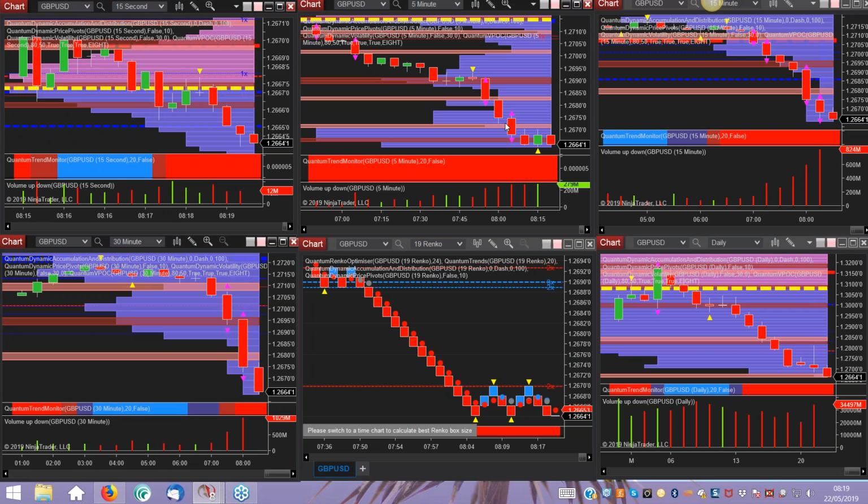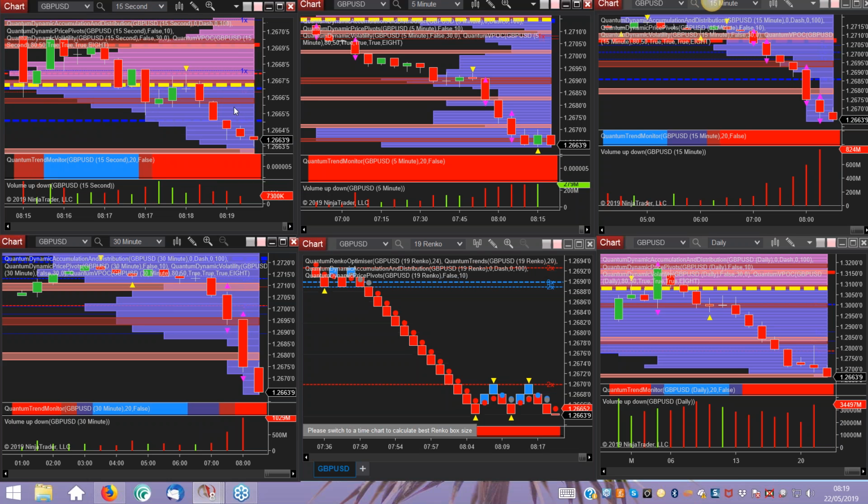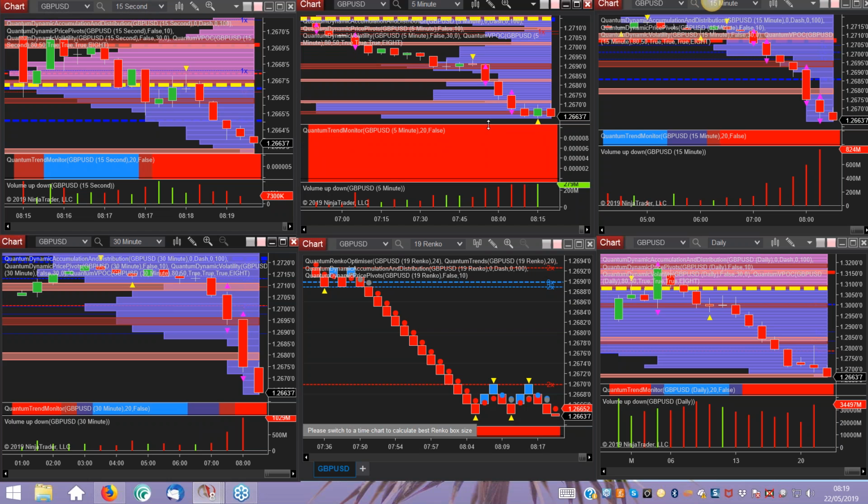It just gives you a sense of what is going on in terms of the very fast time frames, and therefore if that continues and develops further, and this is a universal concept, then the development of that trend will ultimately move through to your slower time frames, whatever multiple time frames you are trading.